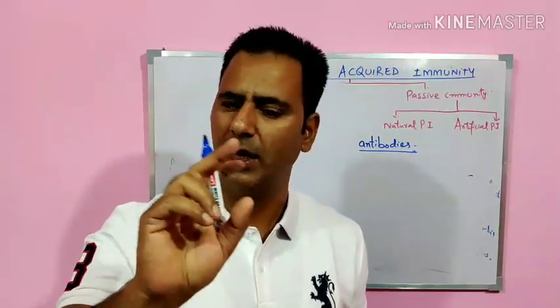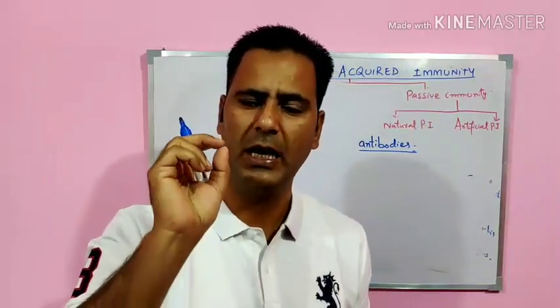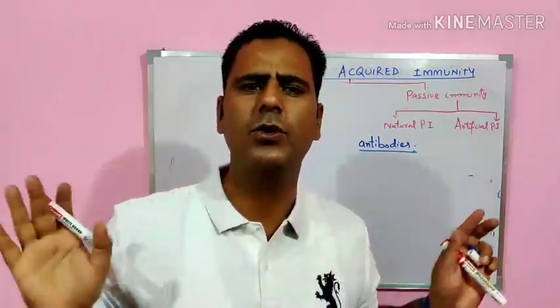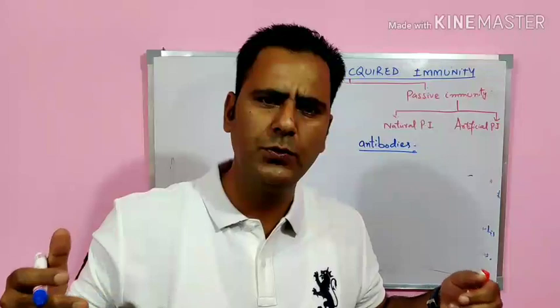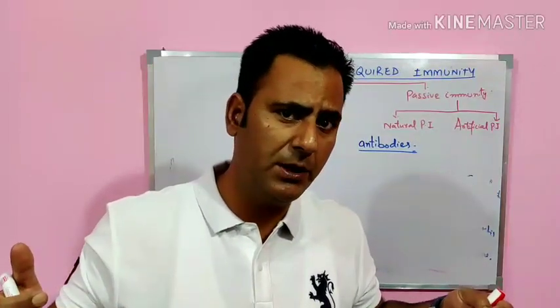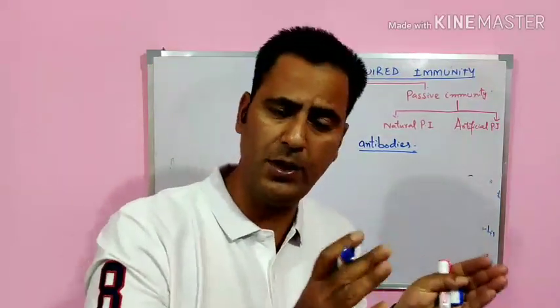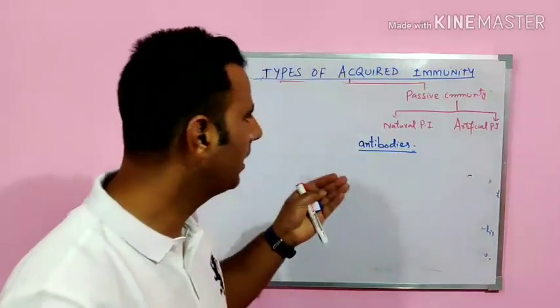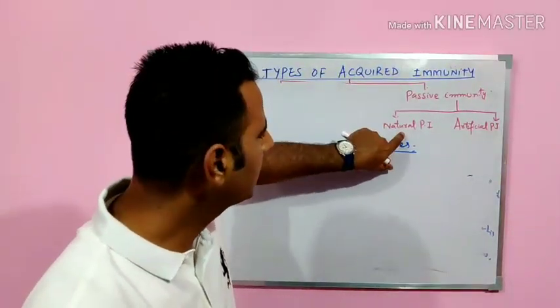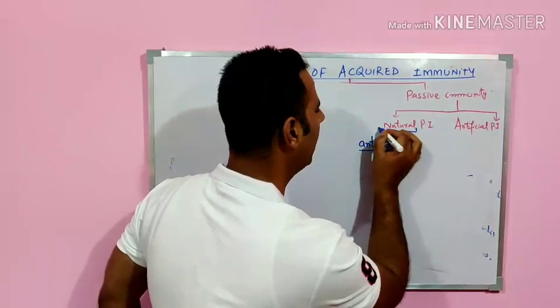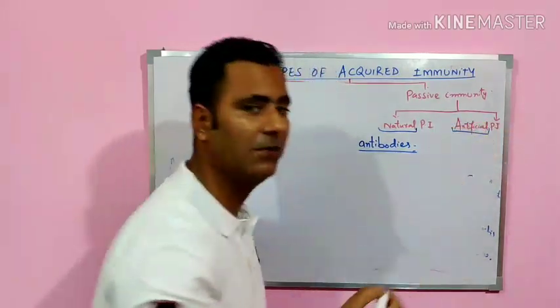In this case, we are not making sure to activate the immune system of the person. The immune system of the person is not going to get activated. What we do in this case is a transfer of antibodies, and that transfer may be in a natural way or in an artificial way.